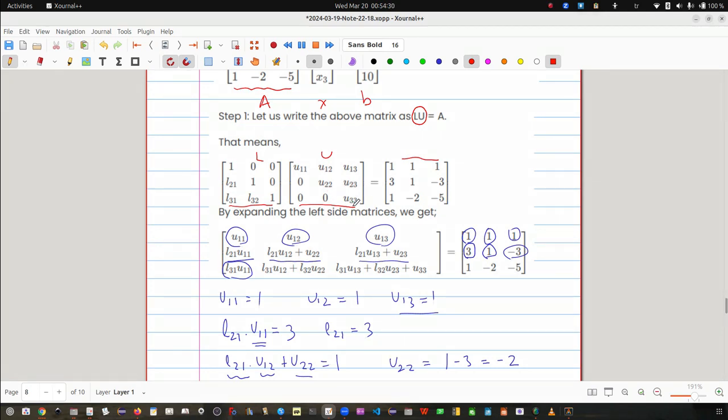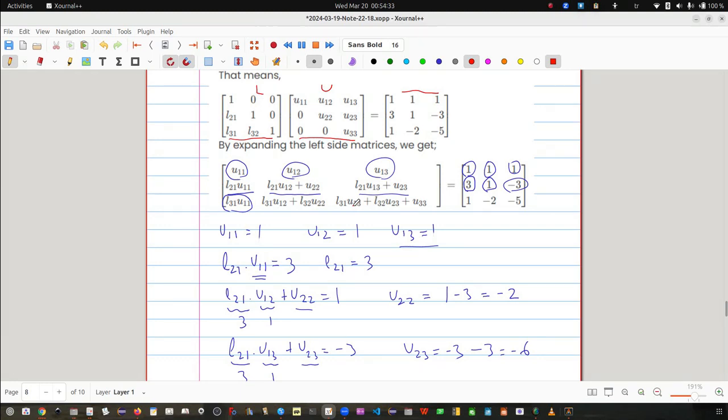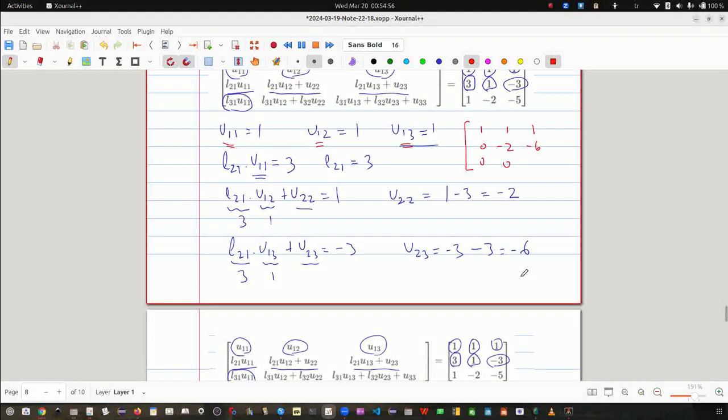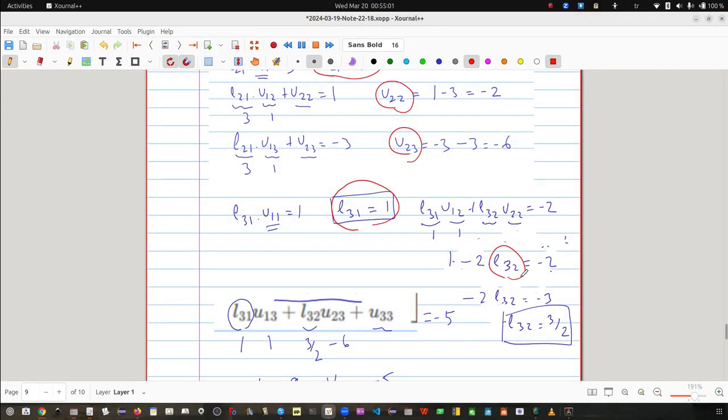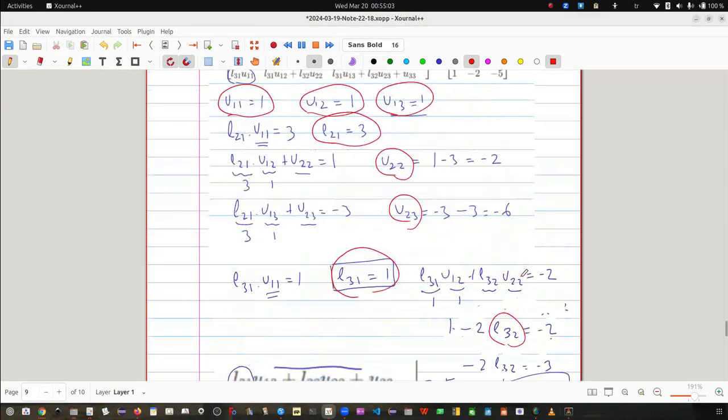So let's take it here. To make it easy, I will put it here first and copy down there. We said 1, 1, and 1, because U11, U12, U13, and then U22 was minus 2, and U23 was minus 6, and U33 was 3.